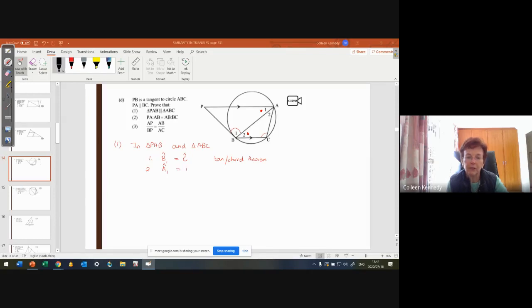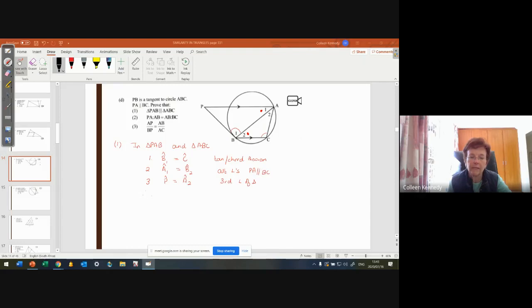A1 is equal to B2, alternate angles. And what do you have to put with alternate angles? Your parallel lines. You have to. Okay, and so the third line would be what's left over. So that's your angle P in that triangle, and that's going to equal angle A2, the angle that's left over. And that would be the third angle of the triangle.